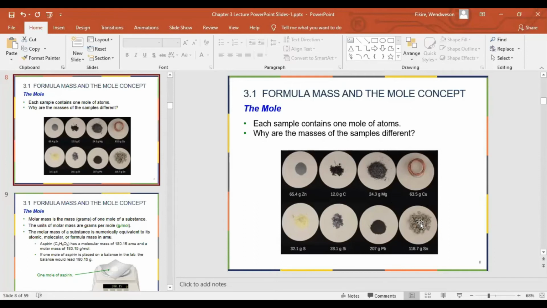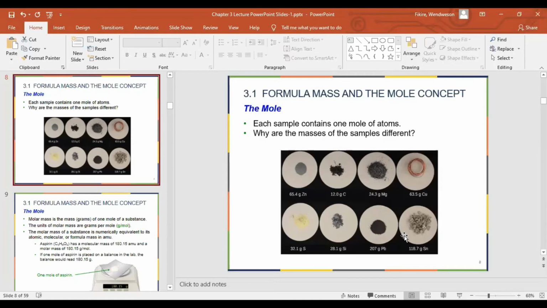Now, they have different weights, as you see here. These are different masses, okay? They have different masses, but what do they have in common? They all have the same number of particles.